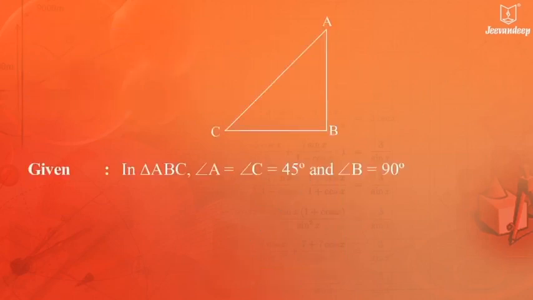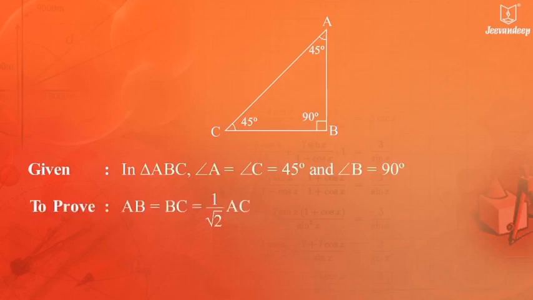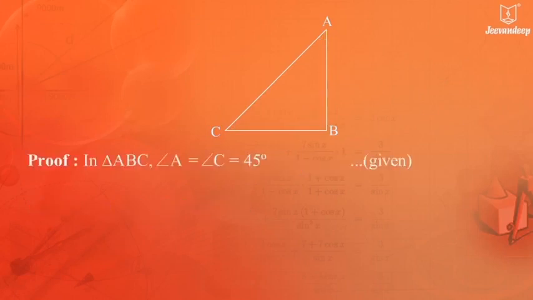Given in triangle ABC, angle A equals angle C, which equals 45 degrees, and angle B equals 90 degrees. To prove: AB equals BC equals 1 upon root 2 AC.